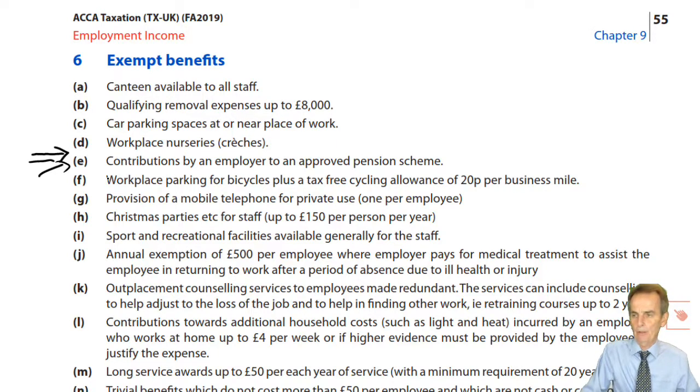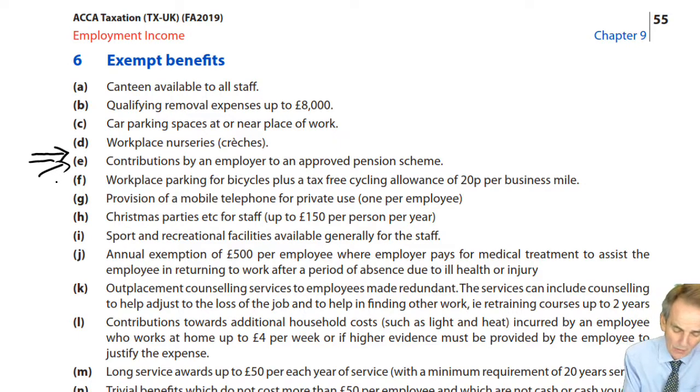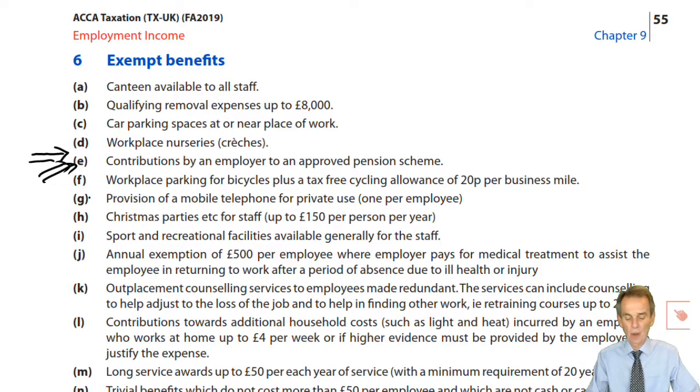It's not that we've suddenly become nasty towards children or anything like that. It is just that the system that they brought in is outside of our syllabus. So you will find after about 34 minutes of the first lecture that there is a gap where we cut out the old bit that is no longer relevant to you and continue on with what here is our Section E, contributions by an employer to an approved pension scheme.